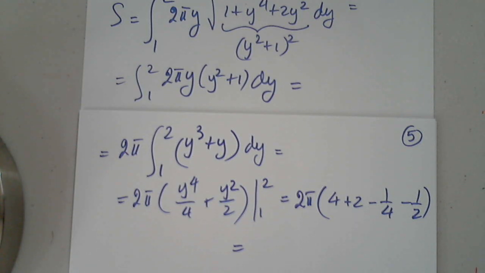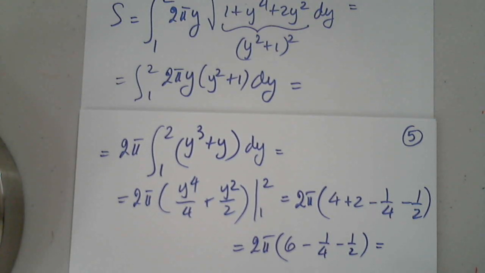And let's see what we get. So this is 2 pi times (6 minus 1/4 minus 1/2). The least common denominator is 4. So we have here 24 minus 1 and minus 2. I simplify. So 21 pi divided by 2.